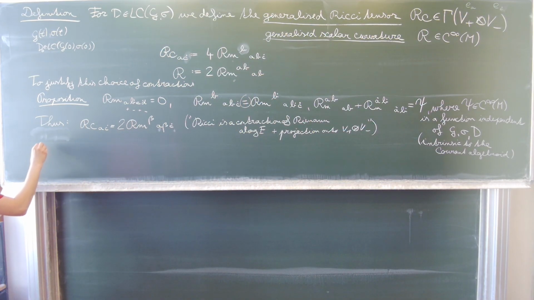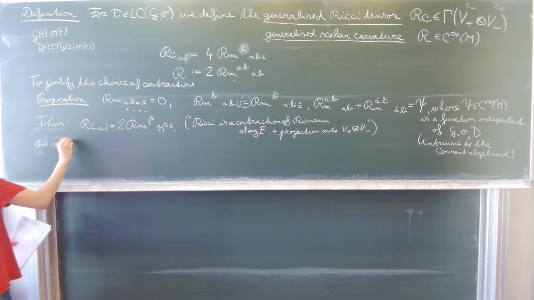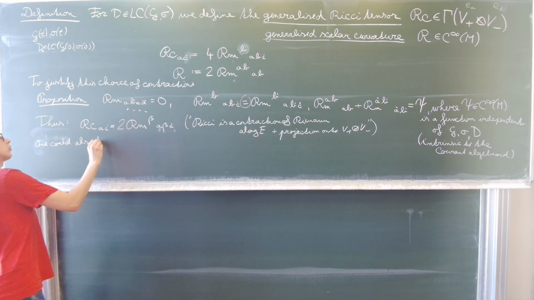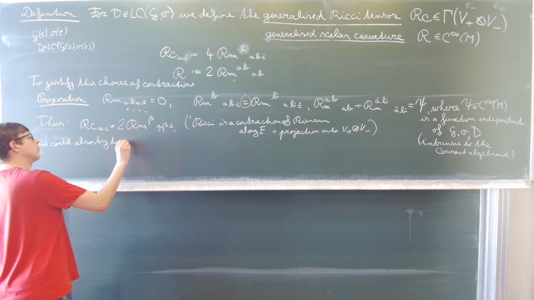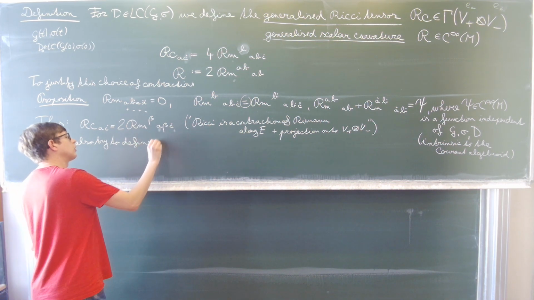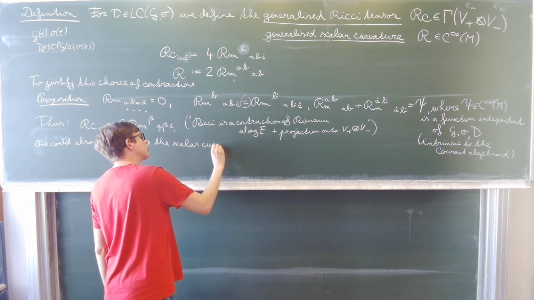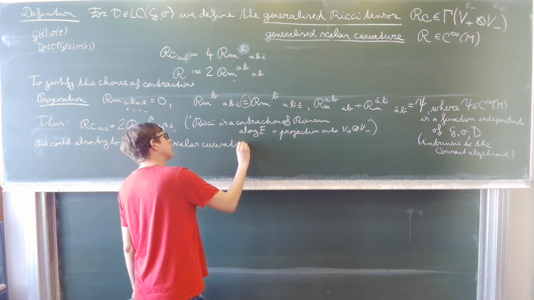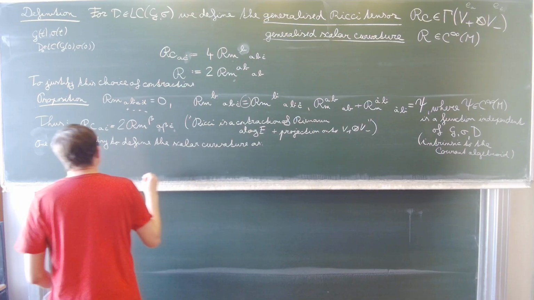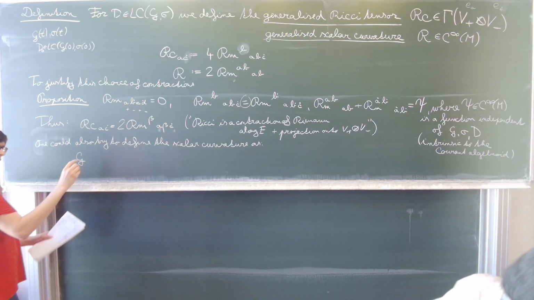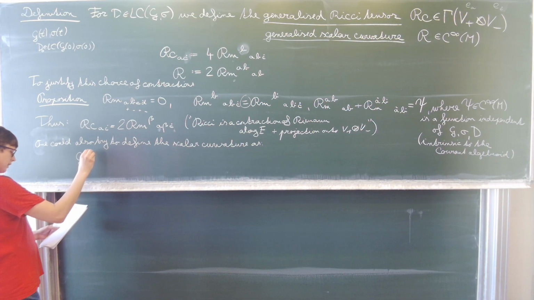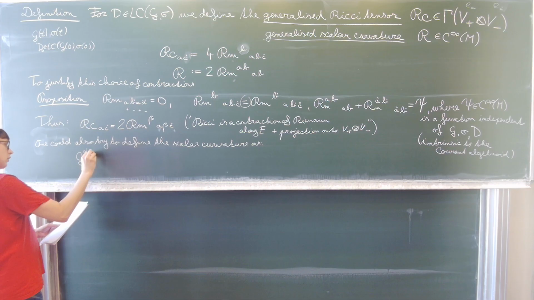Now for scalar curvature, so one could also try to define the scalar curvature as follows. So you can again follow the standard story in geometry, and you could just say that this is a contraction.